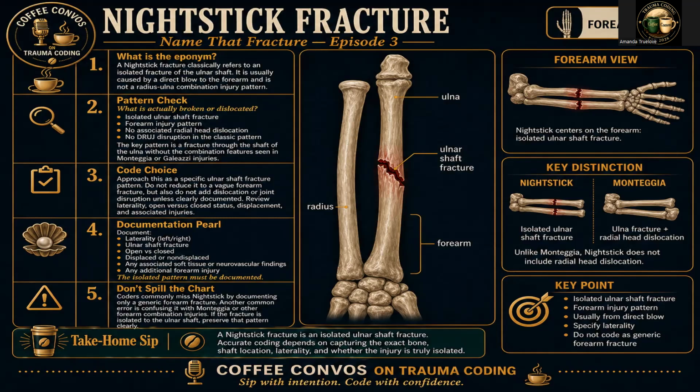So when we're thinking about fracture patterns and checking what is actually broken or dislocated, in this case, the ulnar shaft is fractured, and there is no defining dislocation component in the eponym itself. And that is exactly why nightstick is useful in this episode. It is a great reminder for us that sometimes the injury really is just isolated, but that has to be confirmed, never assumed.